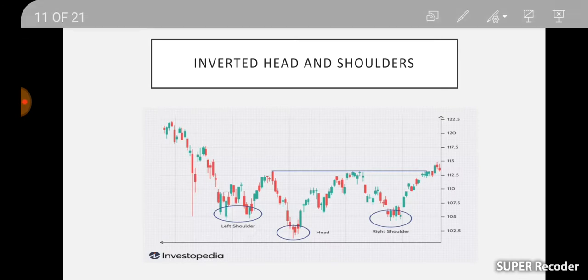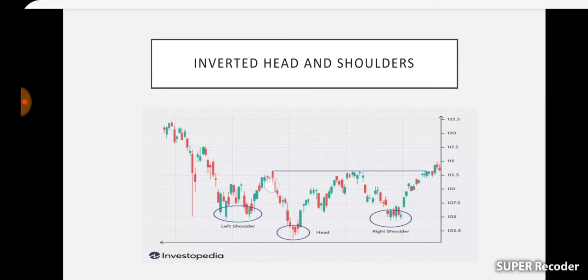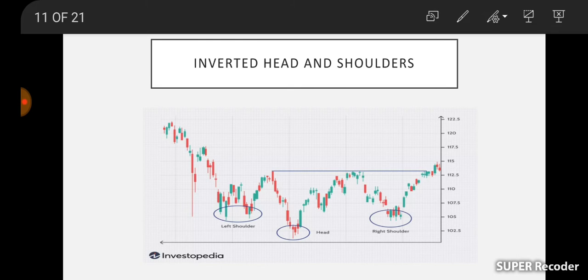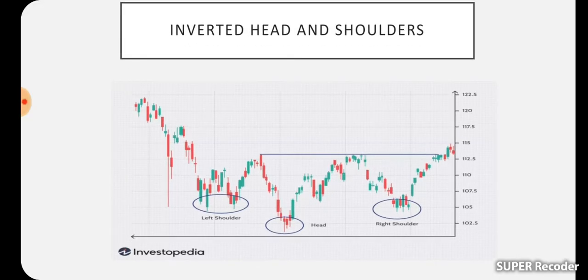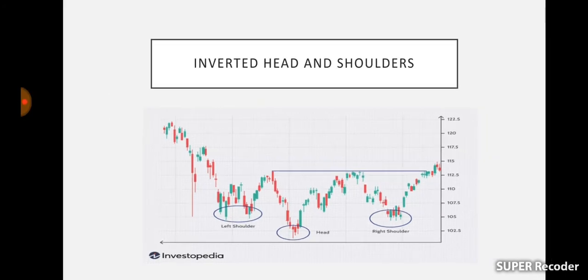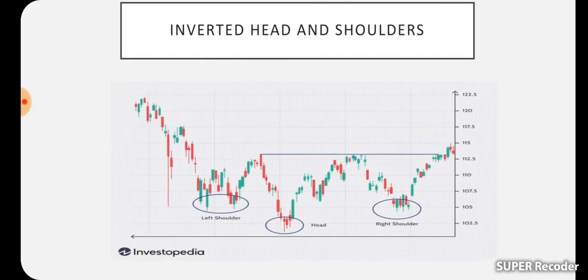This is the left shoulder. Here price decreased, again increased, and it again decreased to a lower level and again increased. This is the head, and again it decreased and increased up to the neckline, and then the neckline will be broken.